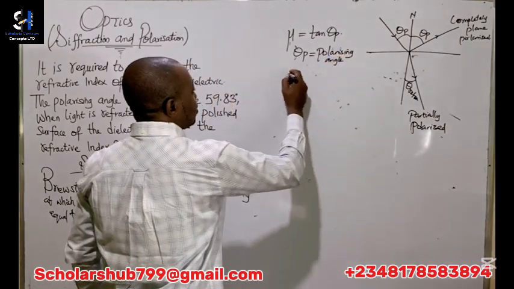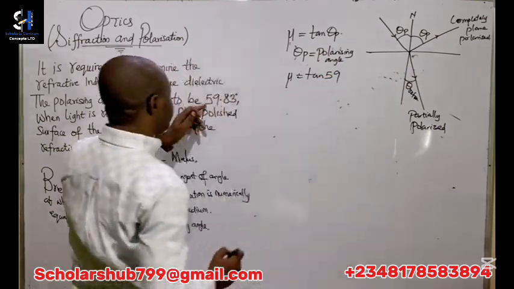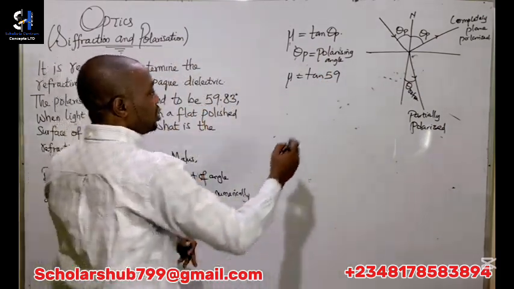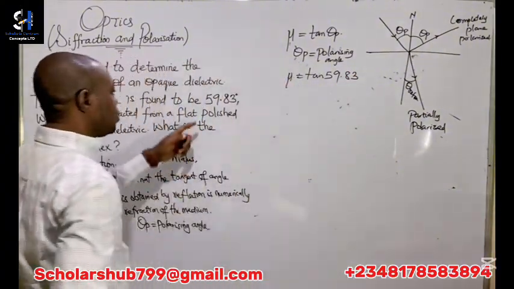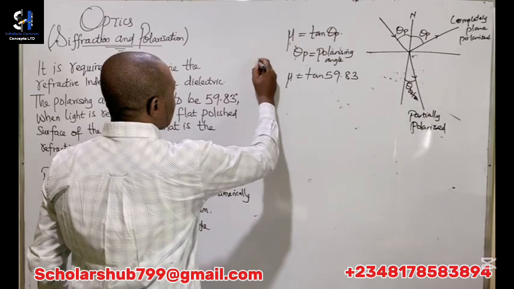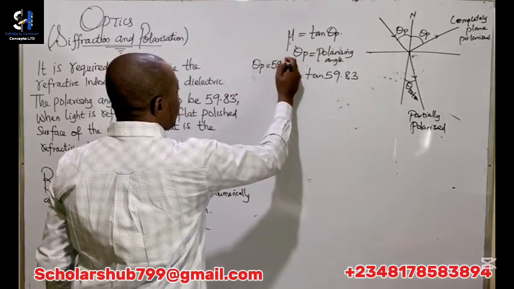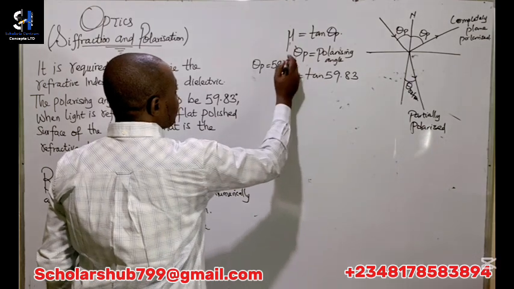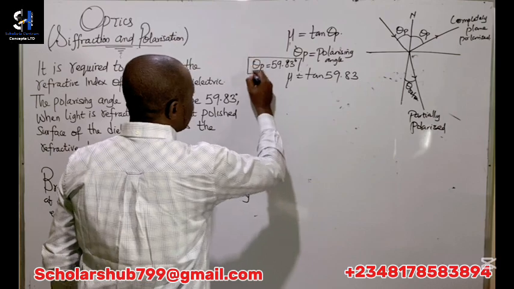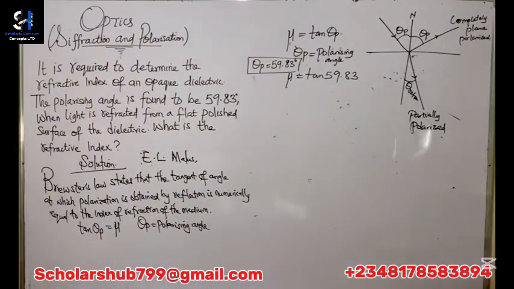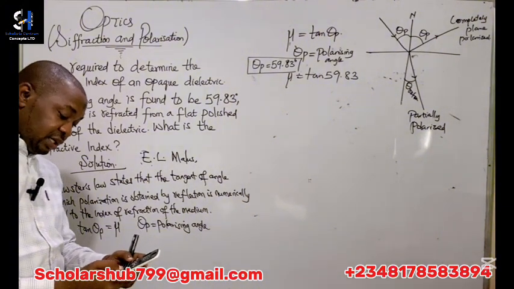So we can say that this is the tangent of this angle, 59.83. Remember, the polarizing angle we have here is 59.83. So let's get the tangent of 59.83.